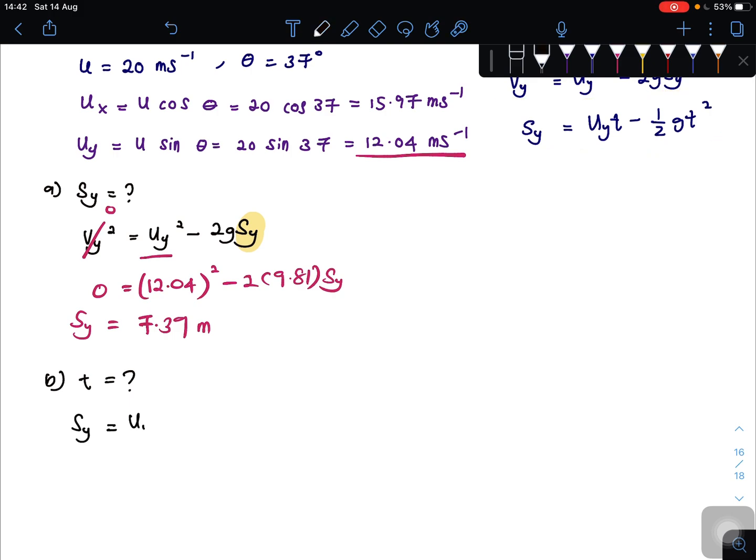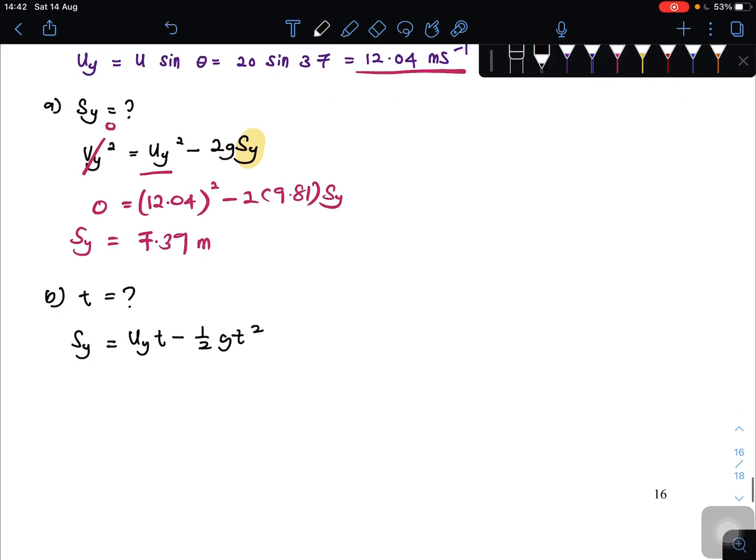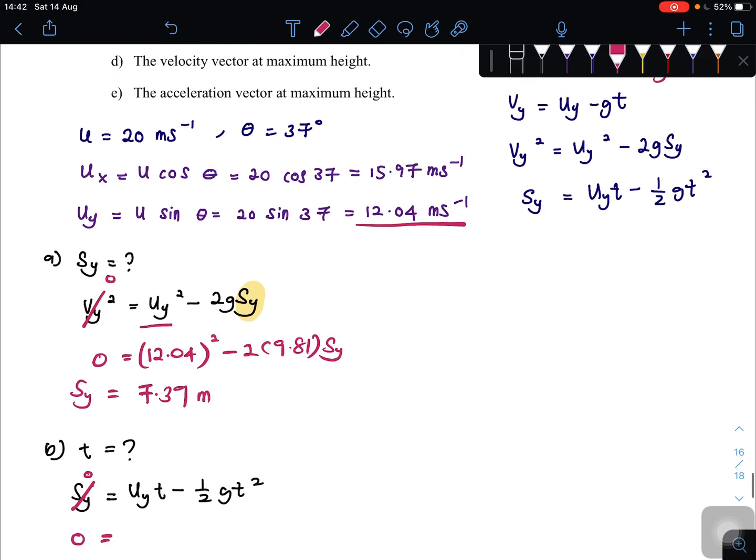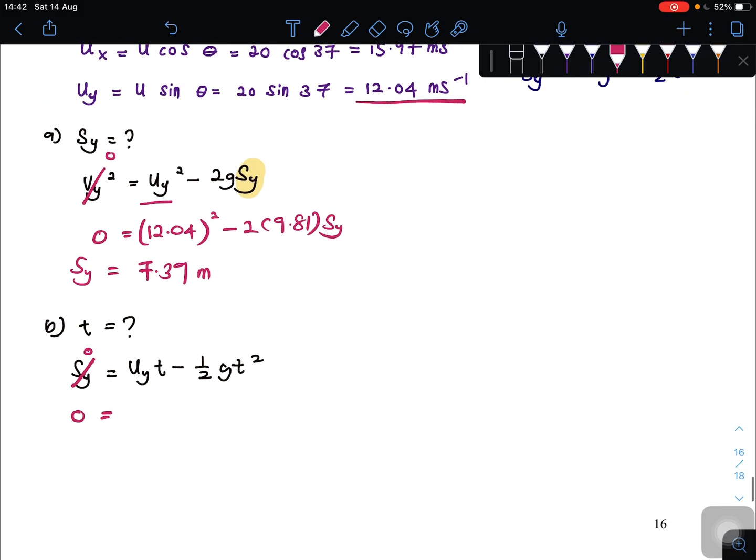Sy is equal to uyt minus half gt square. Di mana sy akan jadi sama dengan kosong. Uy still the same thing, 12.04. T half g t square. So you will get the value for t is equal to 2.45 second.